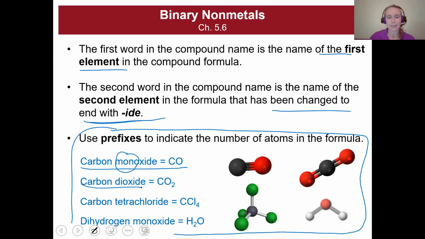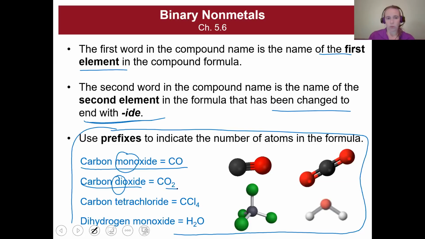Carbon dioxide, if we were talking about ionic compounds, carbon oxide could correspond to either one of these. So when we talk about the covalent compounds, we specify using these prefixes. So carbon monoxide is different than carbon dioxide. So carbon monoxide, we had 1 oxygen. Carbon dioxide, we have 2 oxygens.